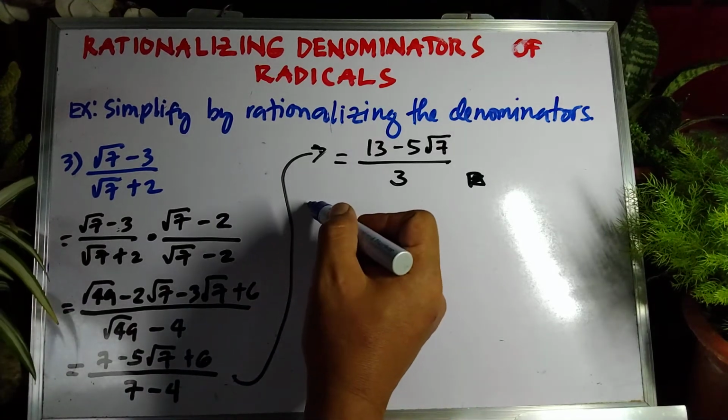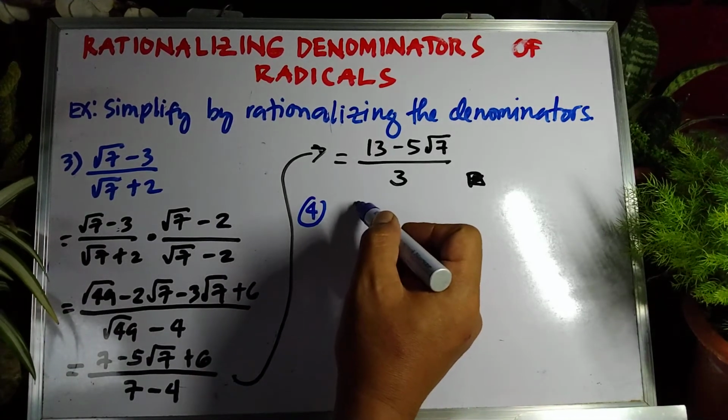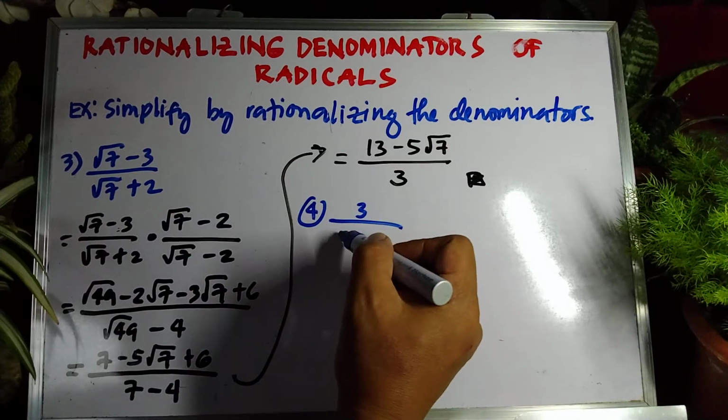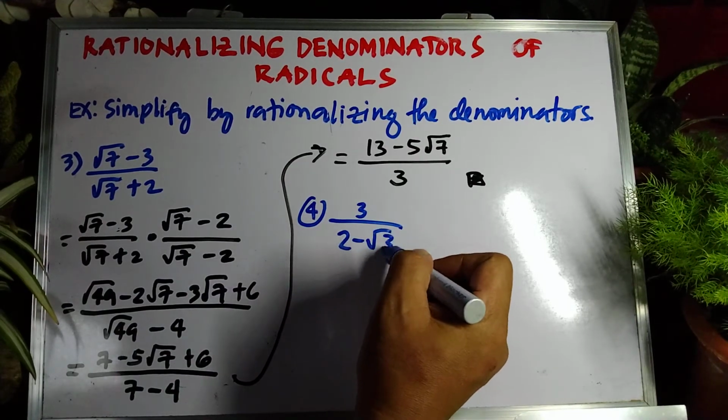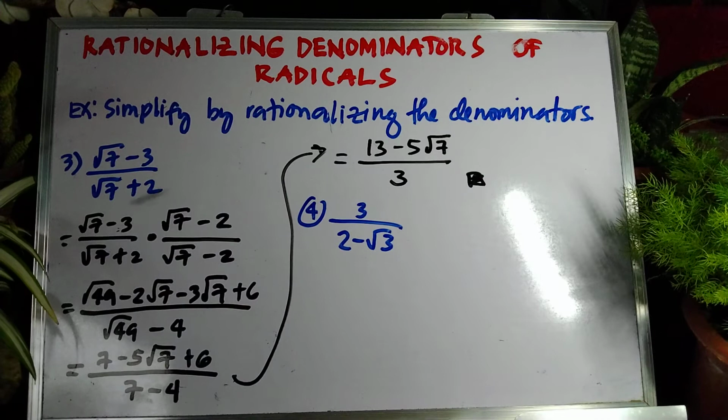For this topic, you have number 4: 3 over 2 minus square root of 3. Again, rationalize the denominator.